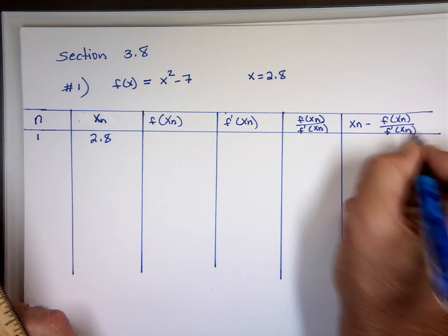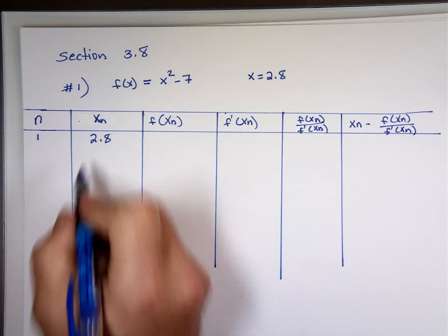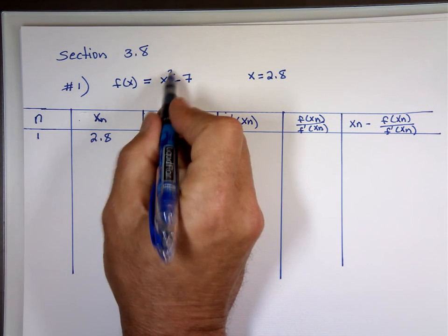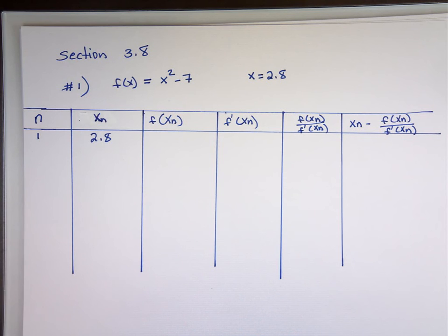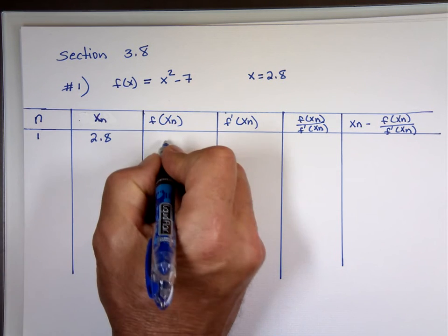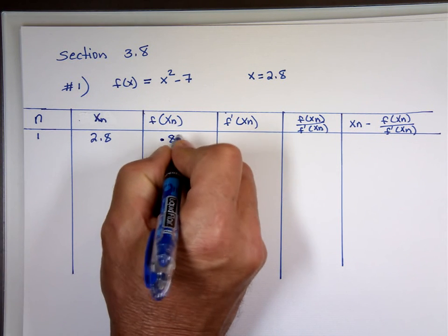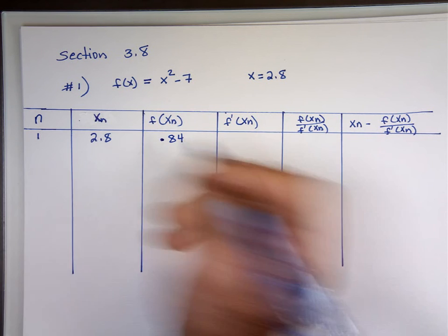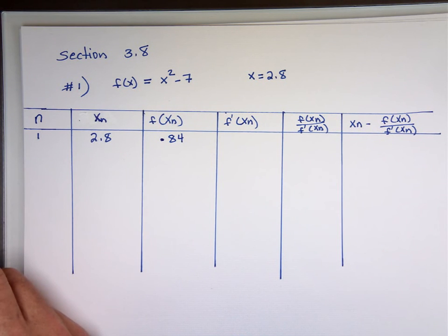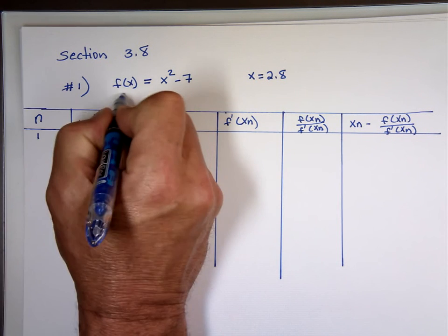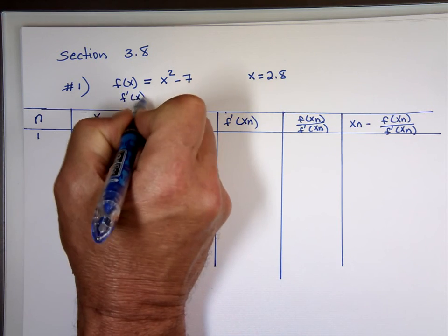That's the table we have to use. We're going to start with the 2.8. Plug it into here. What's 2.8 squared minus 7? 0.84. Is that a 0, or close to 0? No, that's not good. What is the derivative of x squared? Isn't that 2x?